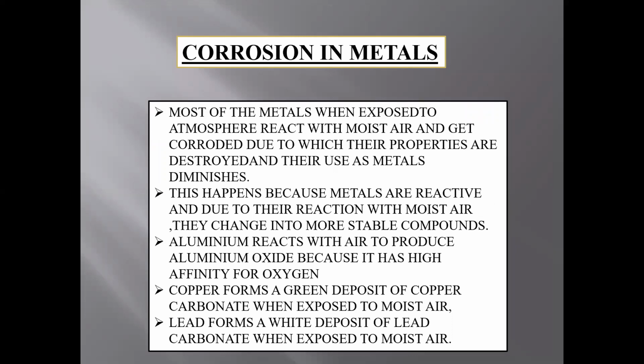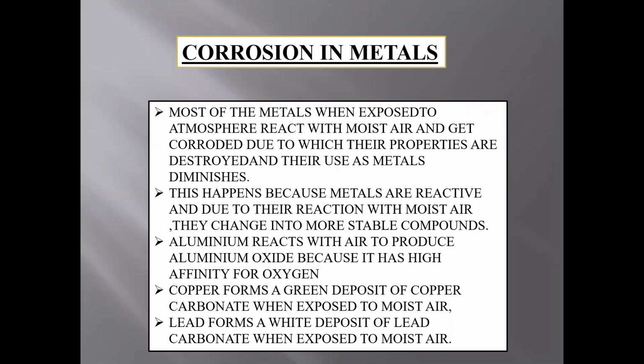Next is corrosion in metals. Most of the metals, when exposed to the atmosphere, react with moist air and get corroded, due to which their properties are destroyed and their use as metal diminishes.